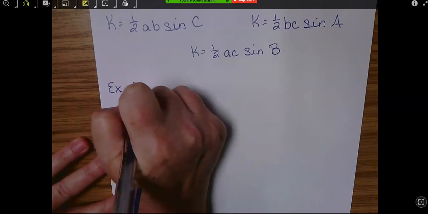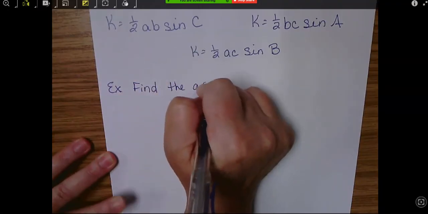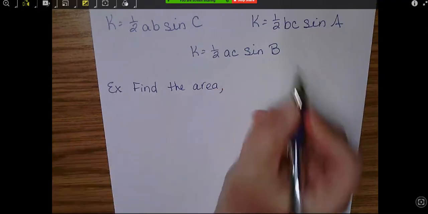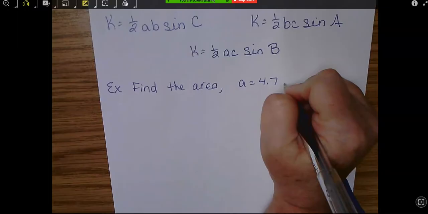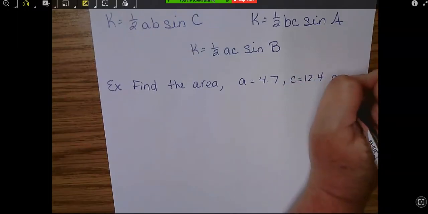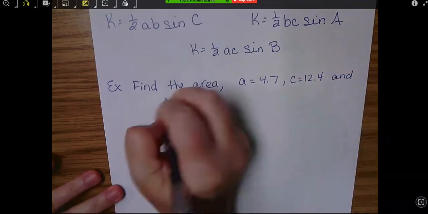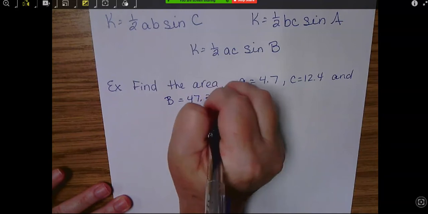So find the area. Given, let's see, little a is 4.7, little c is 12.4, and big B is 47.3 degrees.